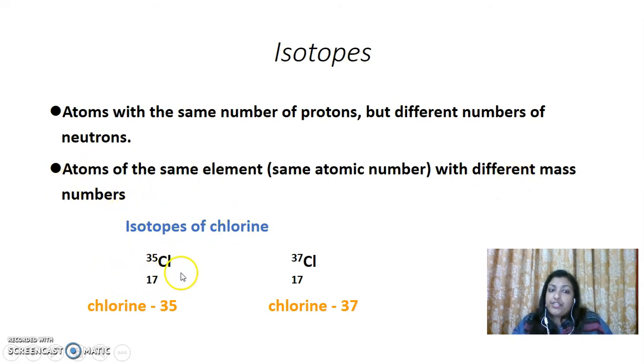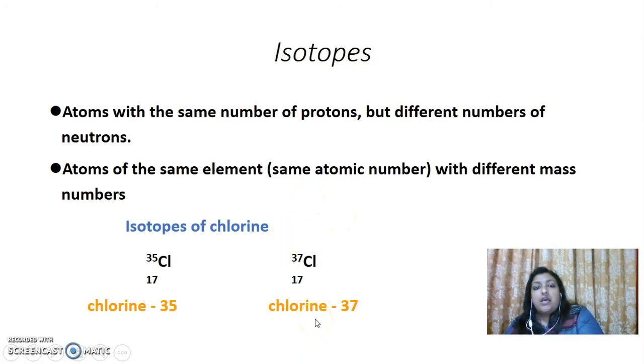There's an example given over here of chlorine: chlorine 35 and chlorine 37. The naturally occurring one is chlorine 35 with the atomic number 17, but you can see an isotope over here where the proton number, or the atomic number, remains the same in both, but it is a different version, an isotope, which has the mass number of 37, because there is a difference in the number of neutrons.